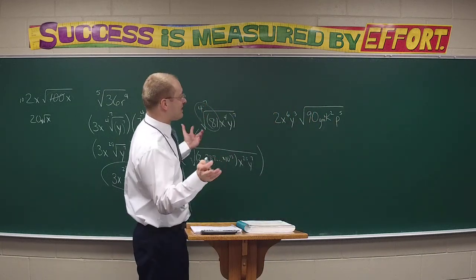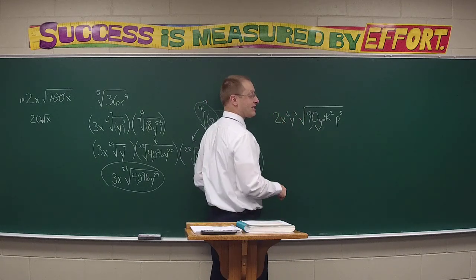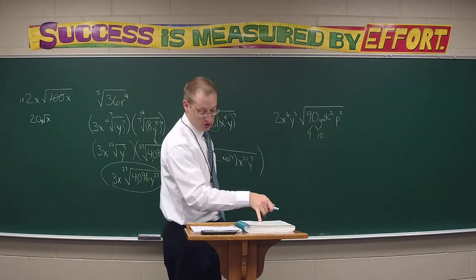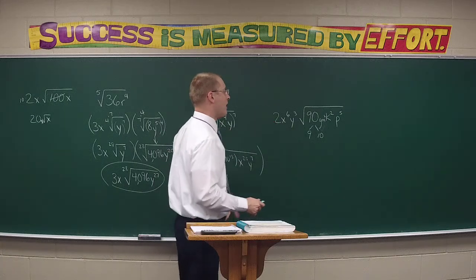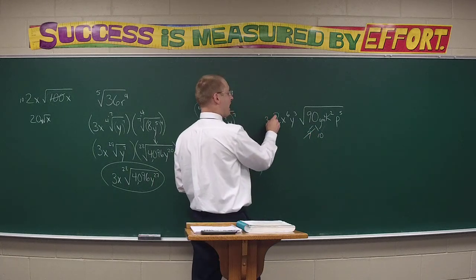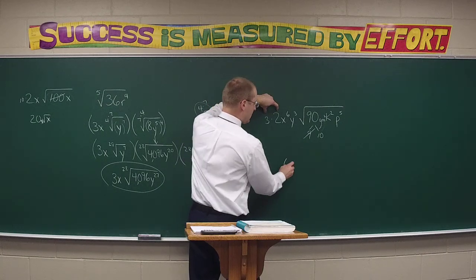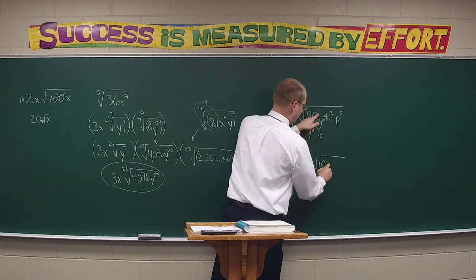Good. And now we can simplify it, right? We can reduce the 90 by factoring it into 9 times 10, though you may have caught the 9 earlier. The square root of 9 is 3, so I'm going to make that a 6x to the 5th right off the bat. I can't do anything with the g, so I'm going to leave the 10 and the g.